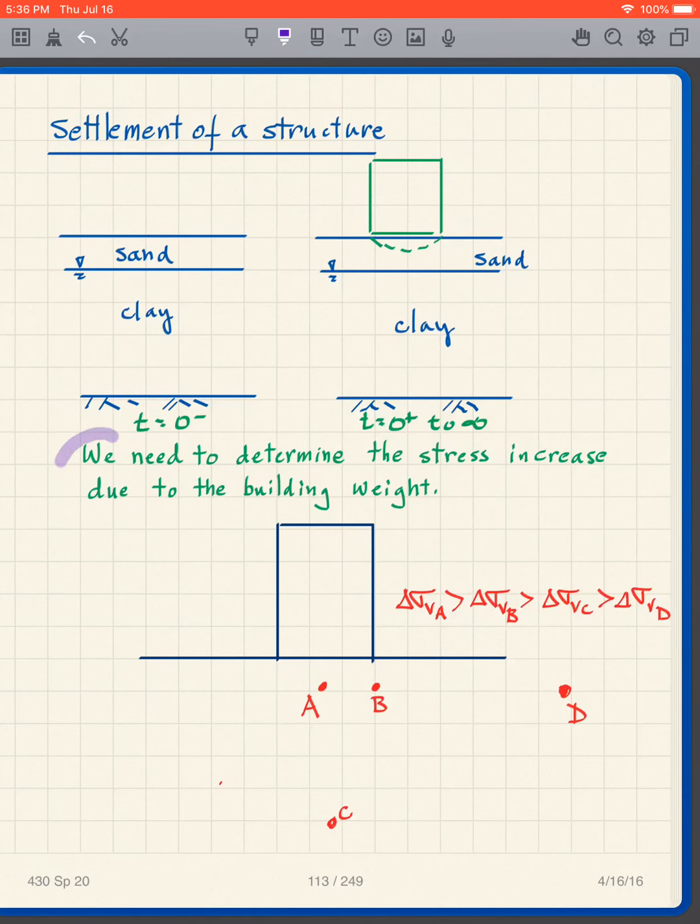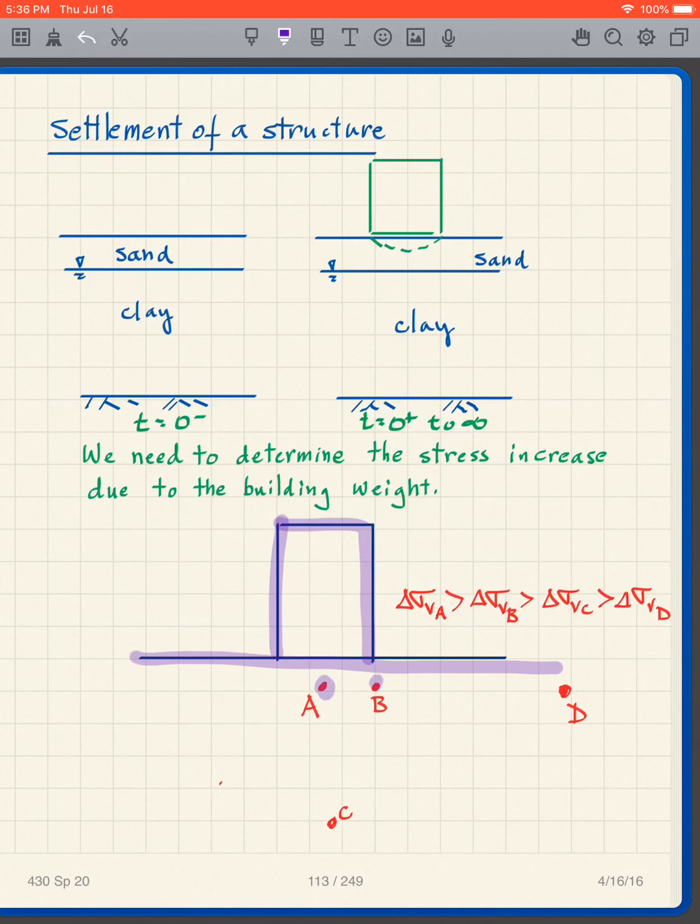One of the things that we need to do is determine the stress increase due to the building weight. So let's think about it conceptually. I have my structure here, the ground surface is here, and I'm going to consider various points below the structure.